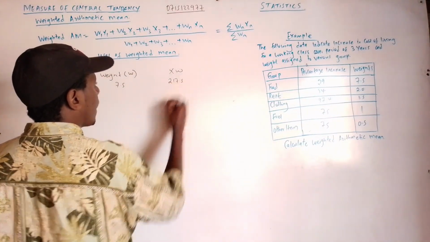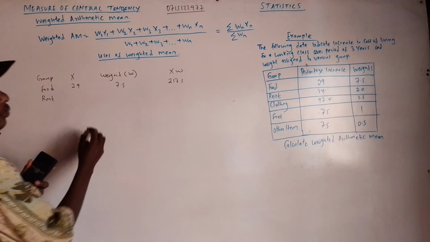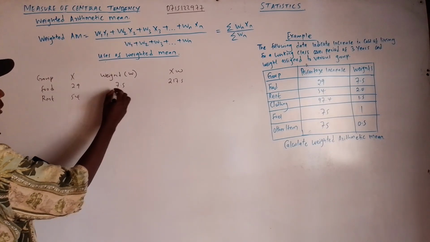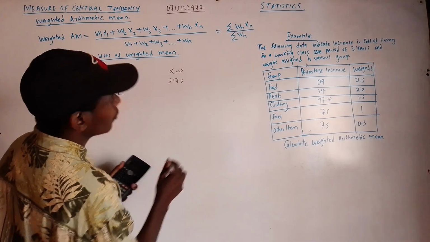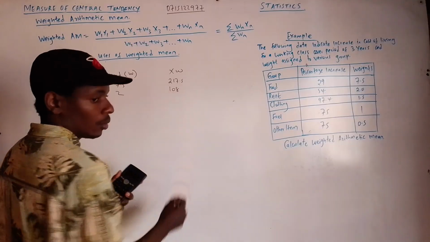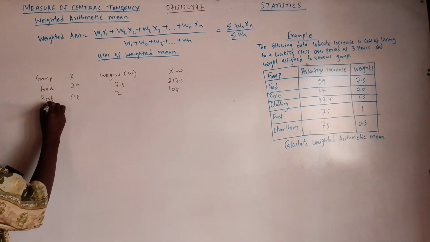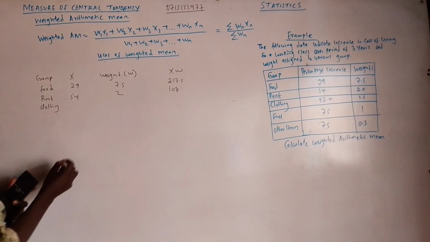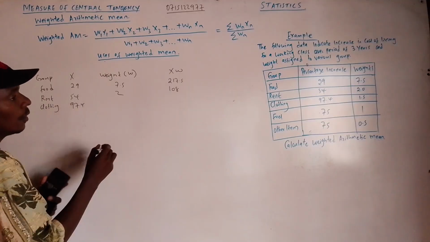Then we have rent, which is 54 and 2, which is 108. Then we have clothing, 97.4 with a weight of 1.5.